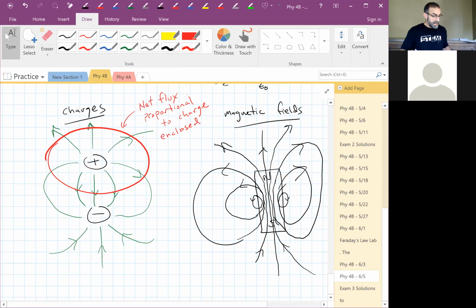If we come over here, we can tell there's excess charge enclosed because we have more field lines coming out of our Gaussian surface than we have going in, or vice versa, right? Either way. If I do the same thing for my magnetic field, what do I get?